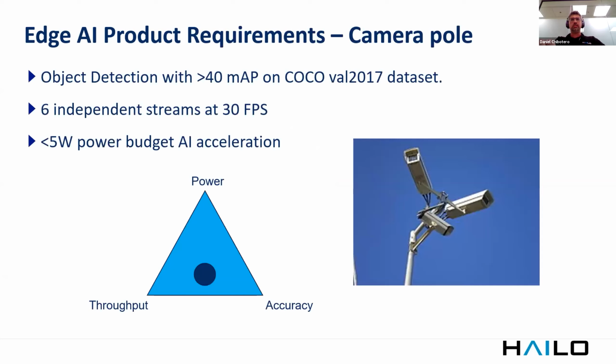So the first product is a camera pole. The requirement there was a very accurate object detector with higher than 40 mAP accuracy on the COCO dataset. It should process 6 independent streams in real time, and the power budget is quite high, but it's capped at 5 watts for AI acceleration.